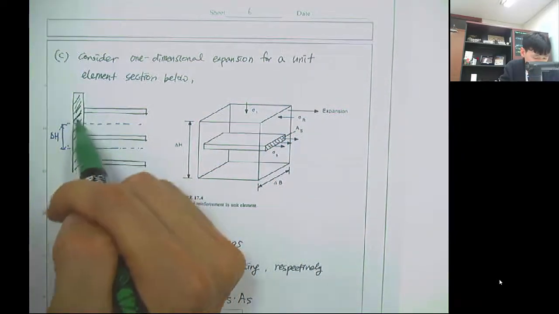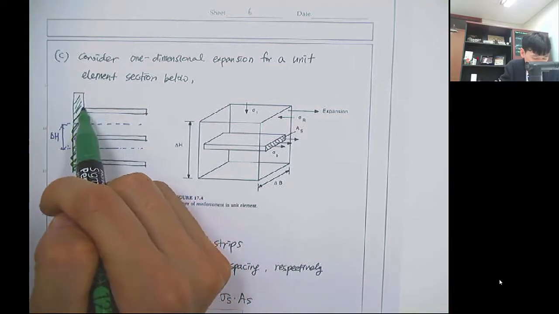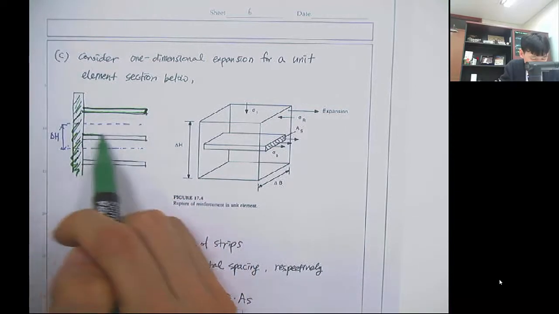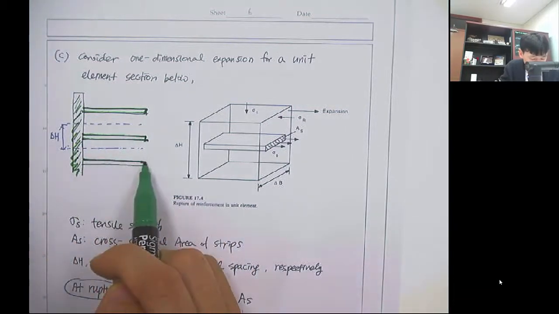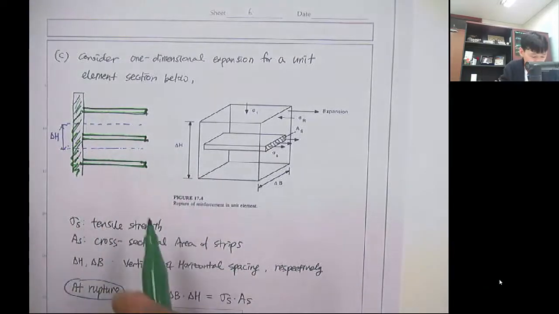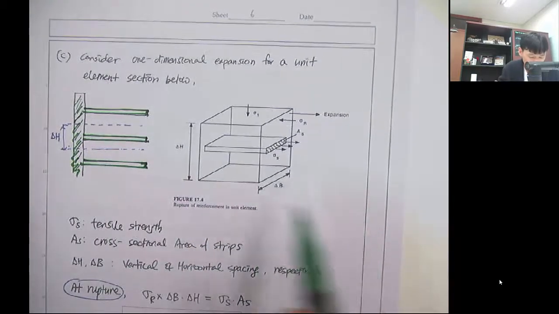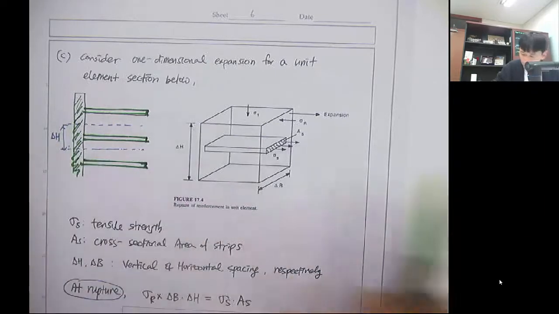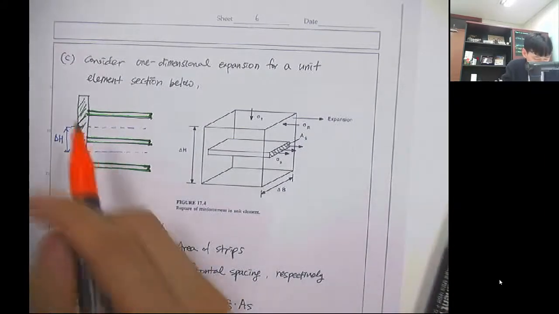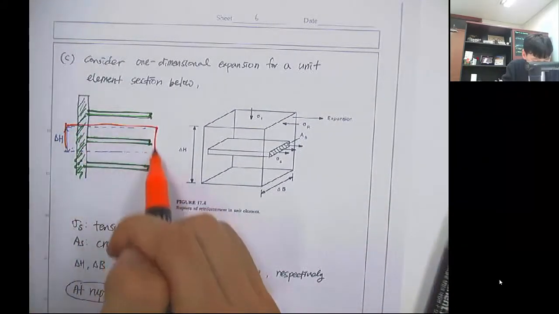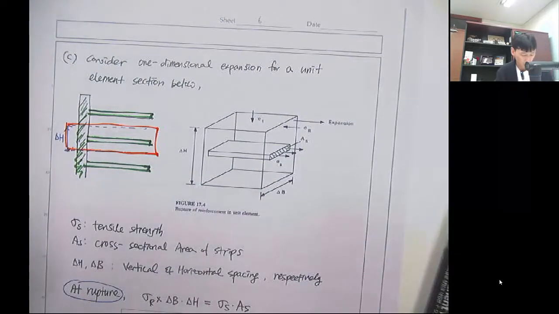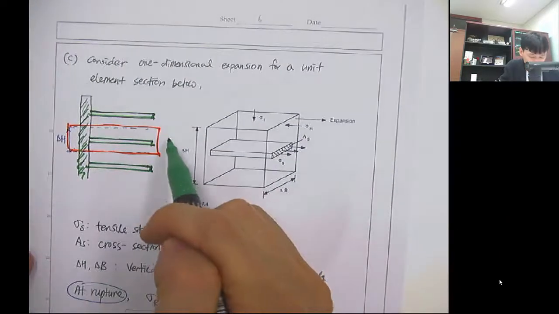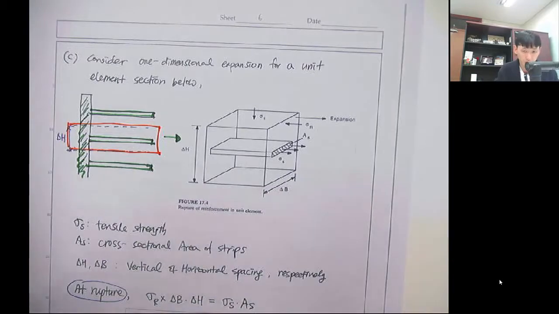So let's say that this is a retaining wall, and you have a reinforcement placed vertically at the regular spacing with the delta H. Then when you look at this element, it will be like this, right?